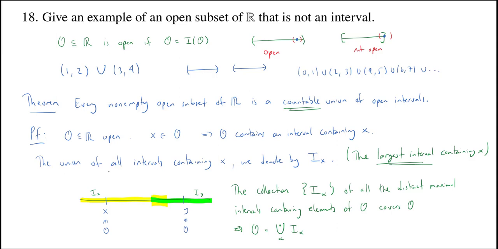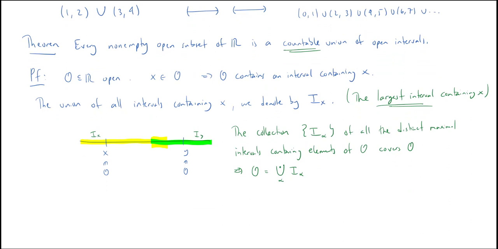Well, every interval contains a rational number. So every interval, doesn't matter which intervals I'm talking about, this is the density of the reals here. Every interval contains a rational number. And so in fact, I could choose this index alpha to be some rational number.